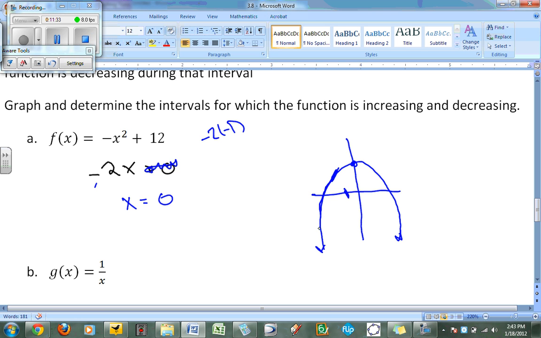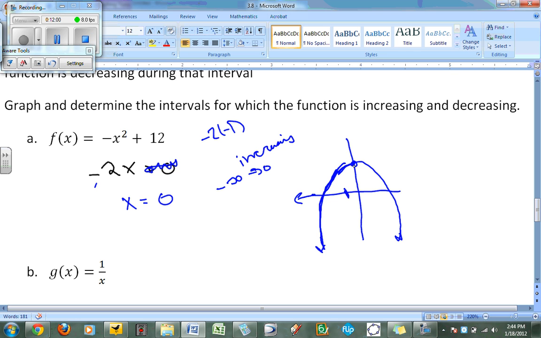And in fact, that's got to stay the same throughout this whole thing unless there's a critical point. The only way it can change from increasing to decreasing is when there's a critical point. But we know that critical point isn't until 0. So from negative infinity to 0, this thing is increasing.